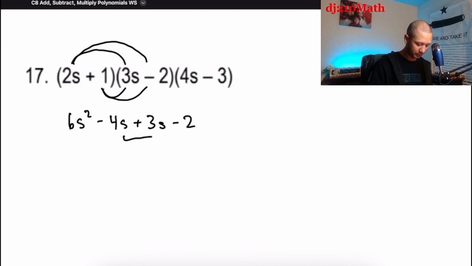Combining the middle two terms, we get 6s squared minus s minus 2. All right. When you're doing this, be careful because your s's can look like 5 sometimes when you're in a rush.